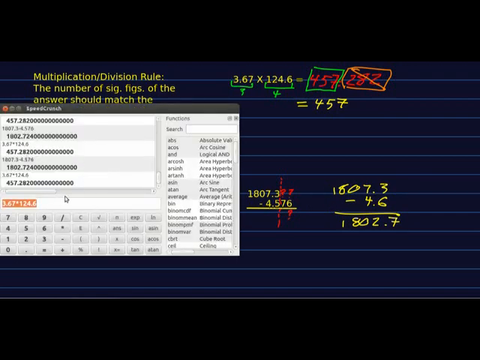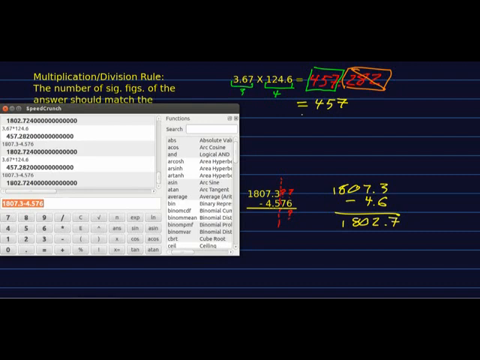If you're doing it in a calculator, you just go ahead and enter everything in. 1807.3 minus 4 point, and I'll put it all in, 576.